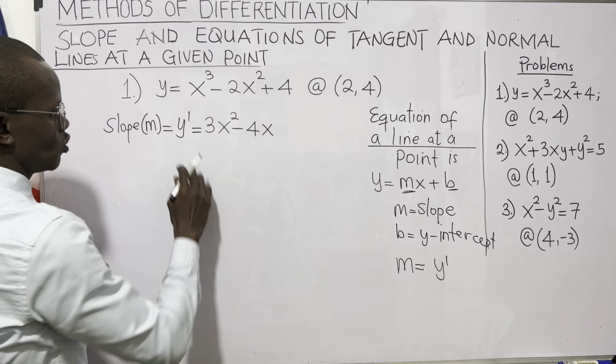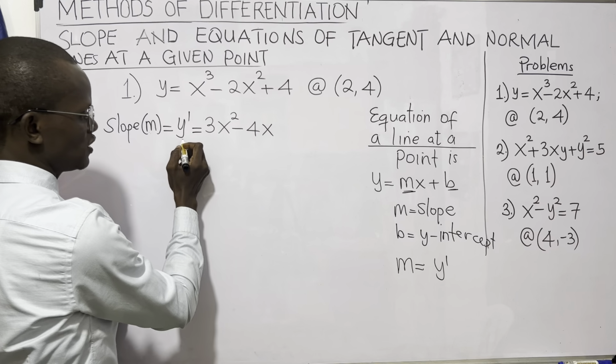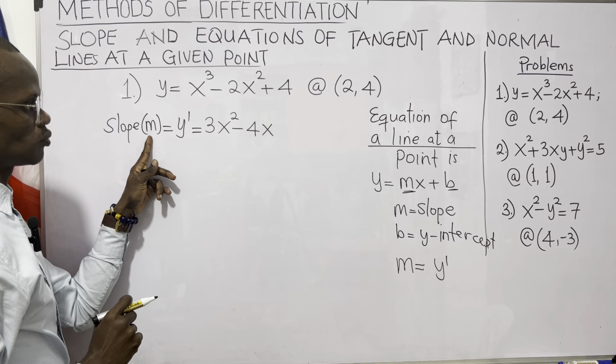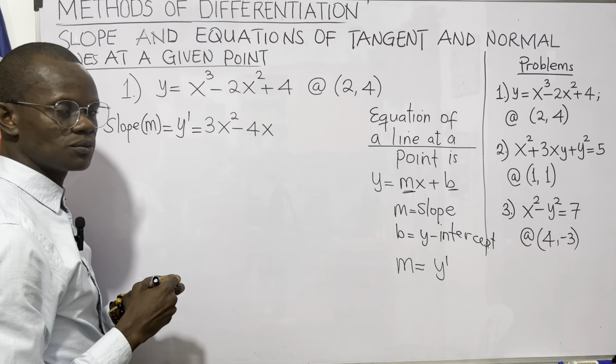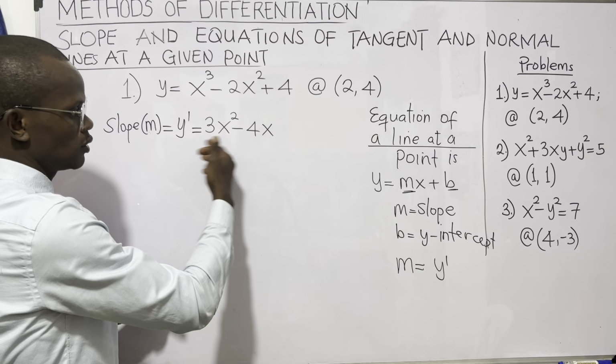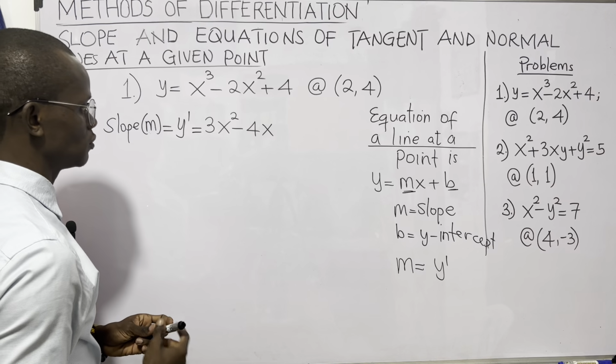So now we have gotten the first derivative, which is the slope. But we want the slope to be a particular value instead of it being in this form, like a function. We want it to be like a value.